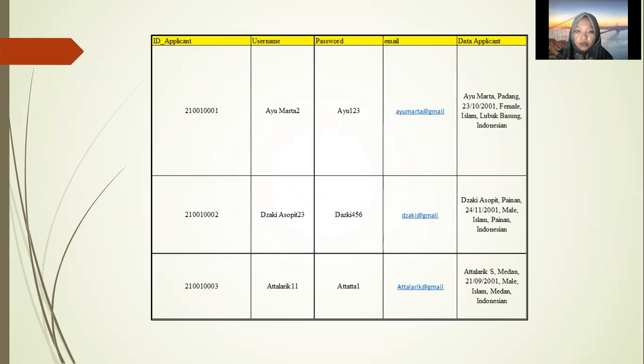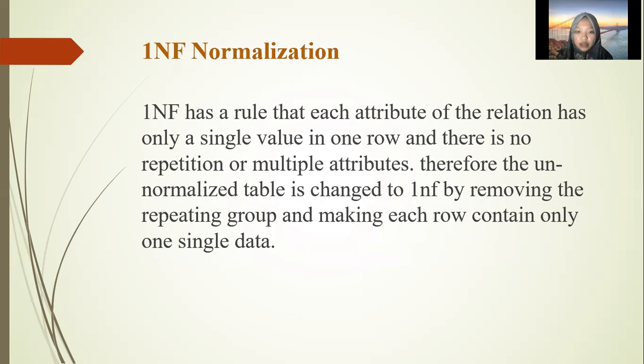So to eliminate the dependency in the unnormalized table, we must do 1NF, where 1NF has a rule that each attribute of the relation has only a single value in one row, and there is no repetition or multiple attributes.